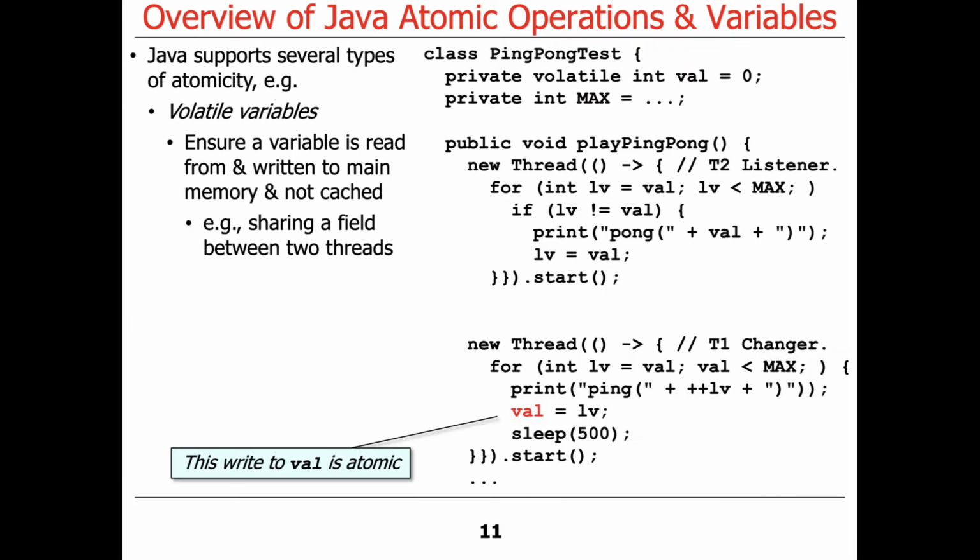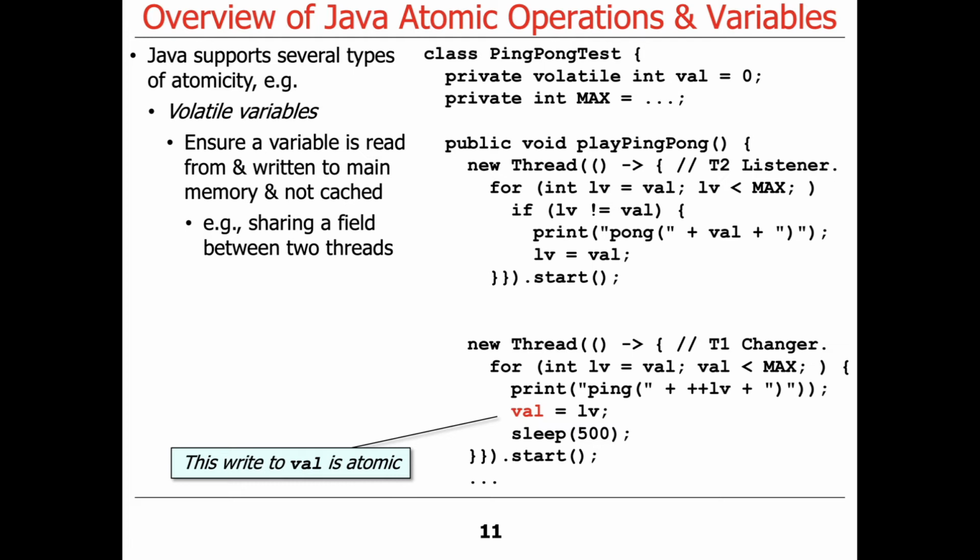What happens here is it starts out at 0, and LV equals val. So we start out with the value of 0, and we're going to go up to max, whatever max is. It could be 4 or 5, however many iterations of ping pong we want to do. If LV doesn't equal val, then we go ahead and print pong, and then we set LV to val.